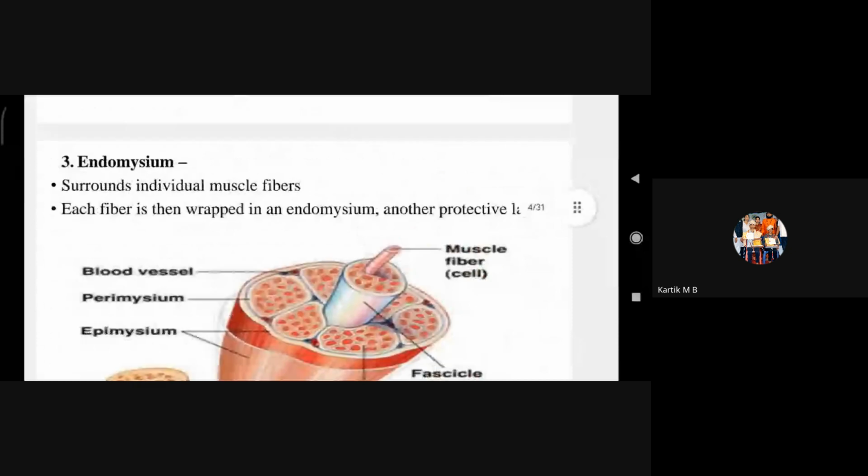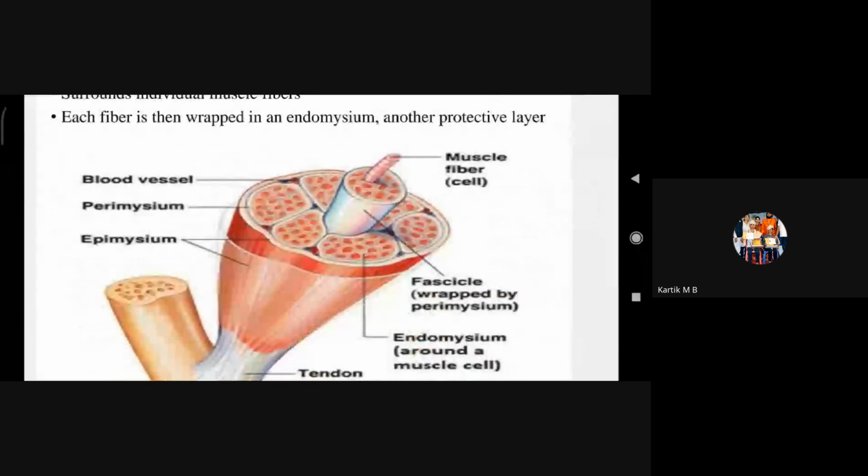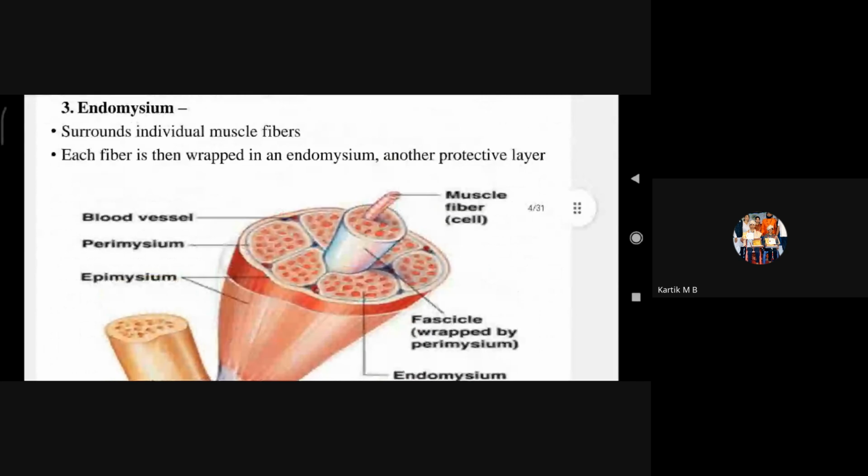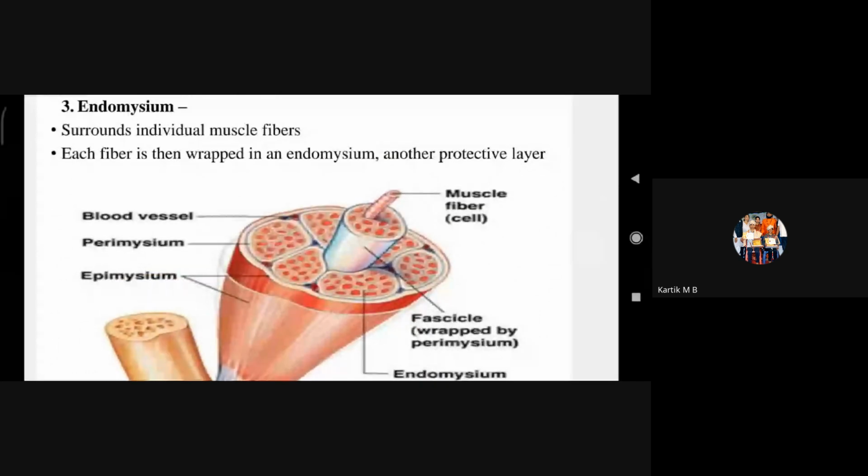In this picture you can see a single muscle fiber making a fascicle, and a group of fascicles making a muscle. A single muscle fiber is covered by endomysium, fascicles are covered by perimysium, and a whole muscle is covered by epimysium.